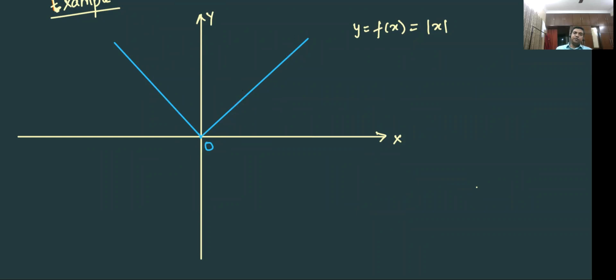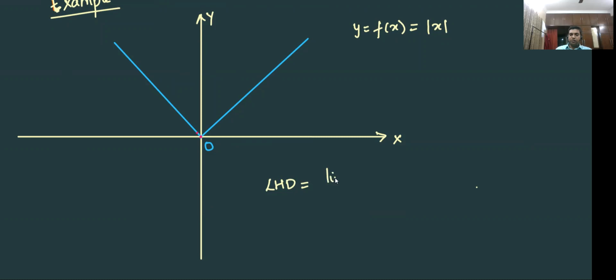But in any case, we will do the left hand derivative and right hand derivative. So left hand derivative means I take this point 0 and I take another point just to the left of this point. I take this point 0.